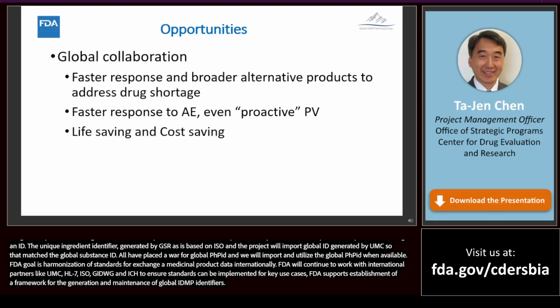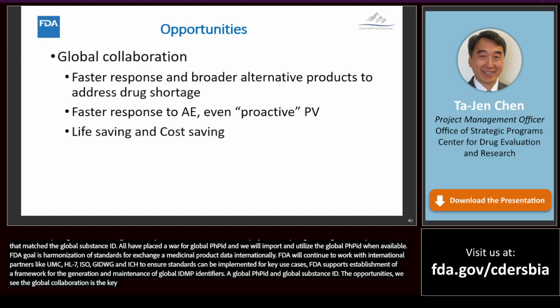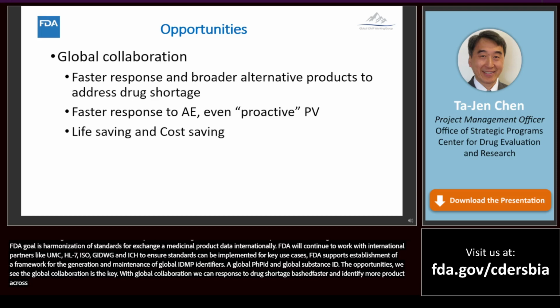On the opportunities, we see that global collaboration is the key. With global collaboration, we can respond to drug shortage faster, and we will be able to identify more alternative products across regions in the case of drug shortage. We can also respond to adverse events faster and even conduct proactive pharmacovigilance.